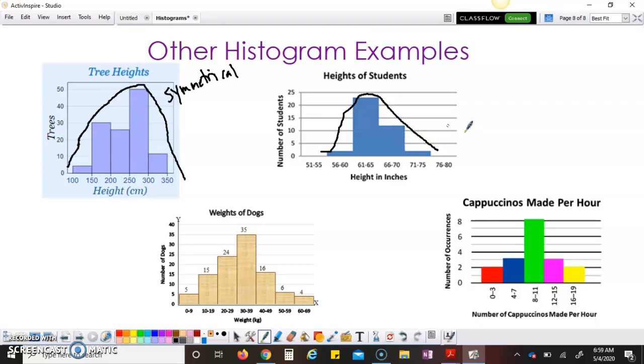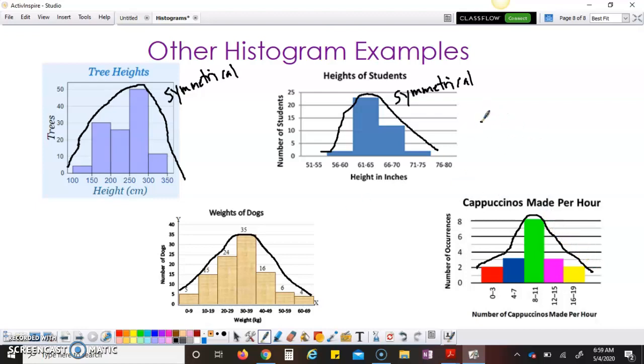It kind of looks a little skewed right, but I would say it's more symmetrical also, and it seems like a bunch of these examples I'm giving you are symmetrical. Follow this guy, goes up and then down. Okay, so I kind of wish I would have found some that were skewed because most of these look symmetrical.